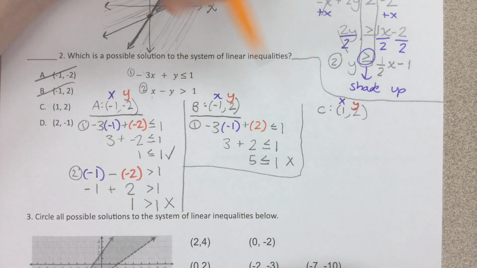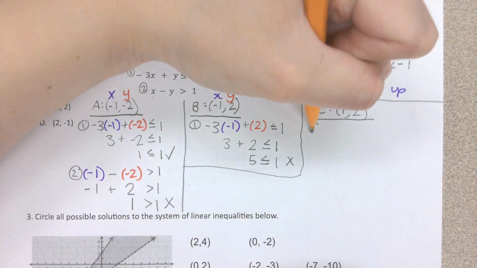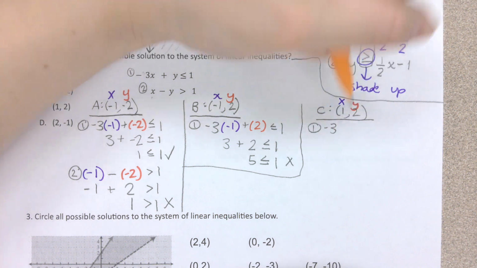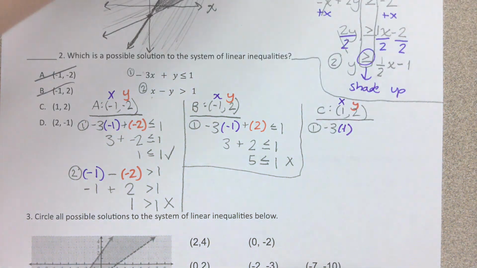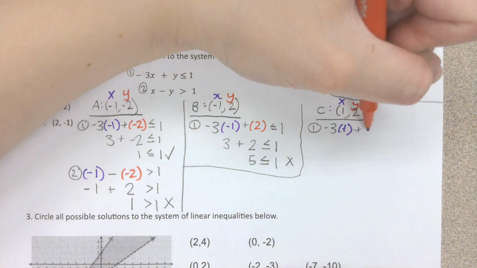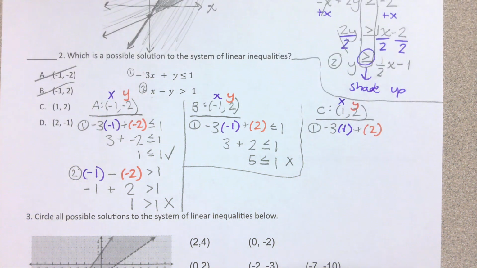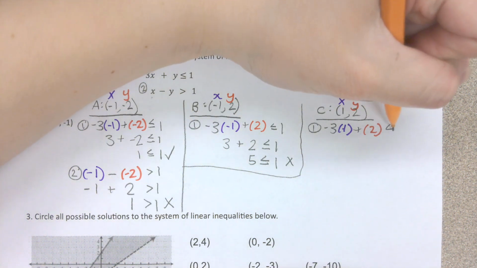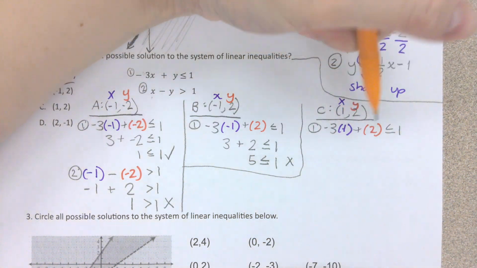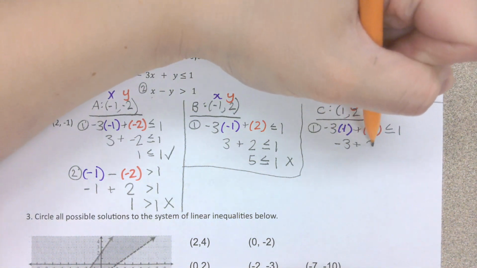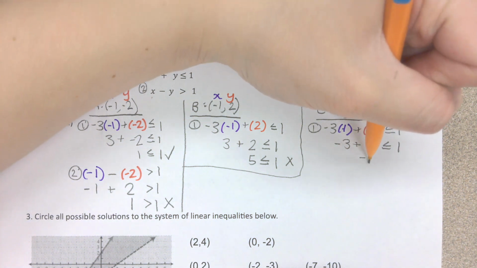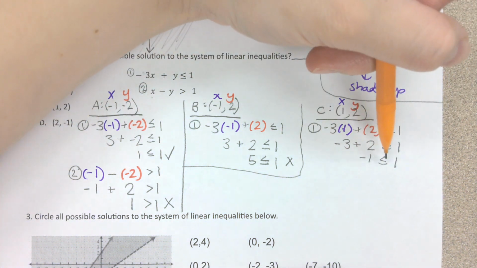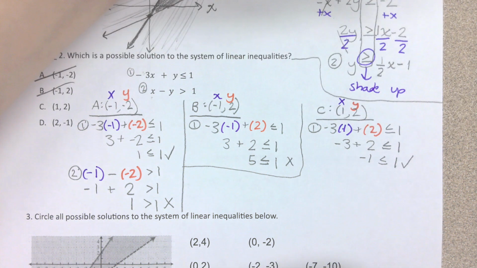So we have our first inequality, -3 times 1 plus y, which is +2, is less than or equal to 1. -3 times 1, that's -3, plus 2, less than or equal to 1. -3 plus 2 is -1. -1 is less than 1, so this passes.